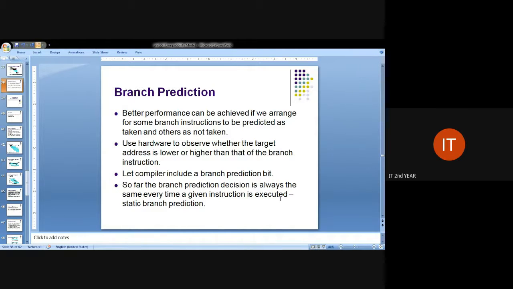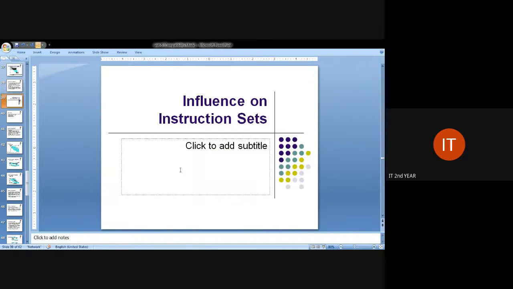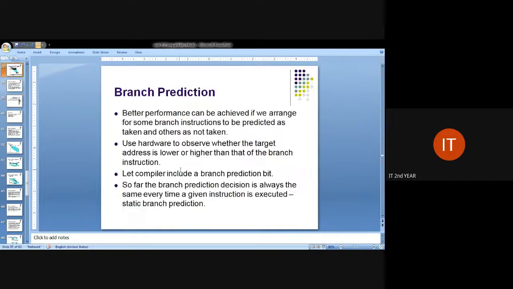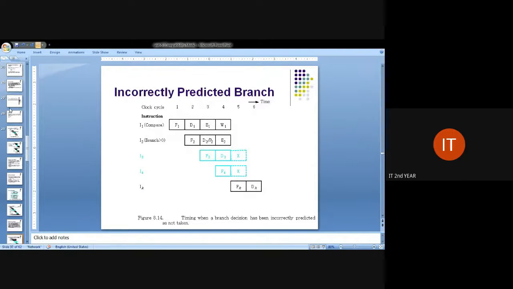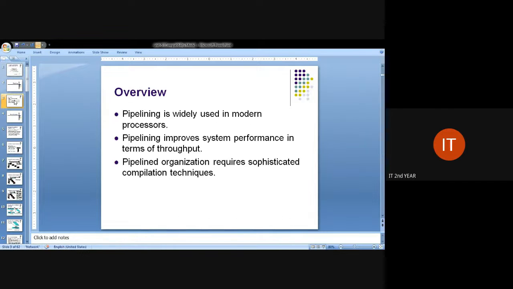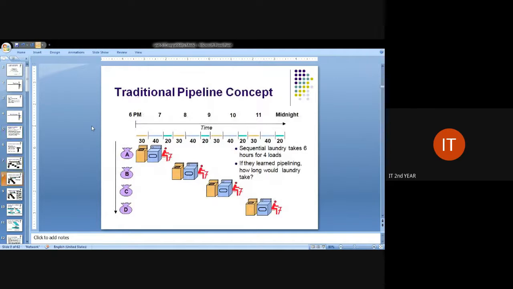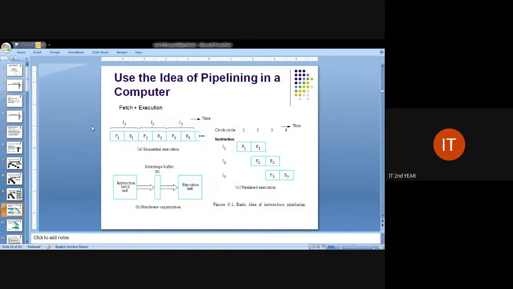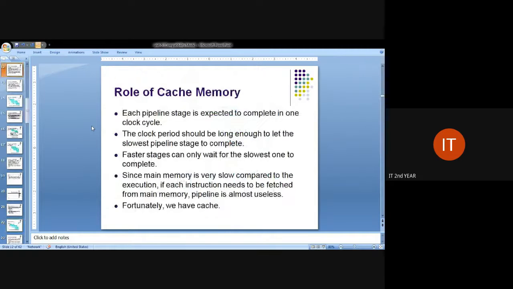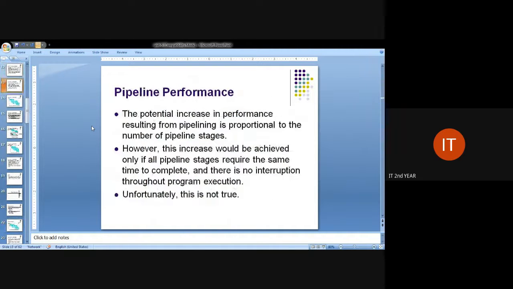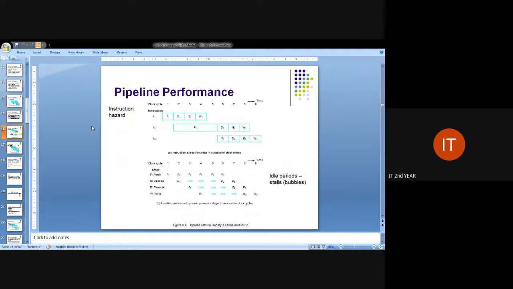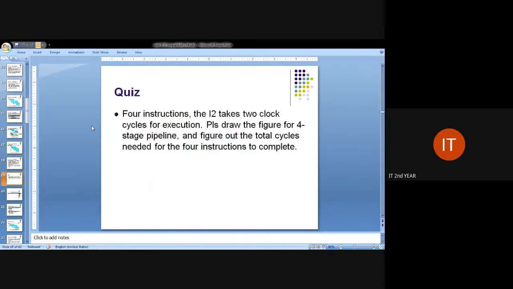So in this session, we have dealt with the basic different types of hazards. Just a quick look at what we have seen. We have seen the basics of pipelining, followed by how the proper pipeline can be channelized, what the role of cache memory is in pipelining, and how we can improve the performance of pipelining.